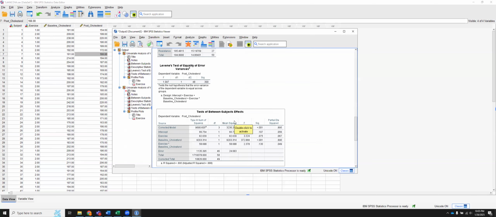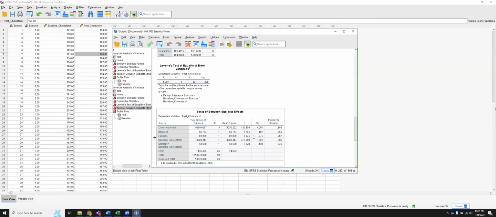Here we can see that exercise, if we consider the baseline level, looks better. The p-value is smaller, but there is still no statistical significance. We can also check this one: the baseline cholesterol level has a very significant impact on the post cholesterol level. So it seems reasonable to include this covariate.